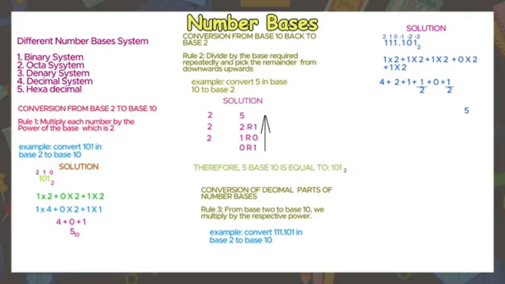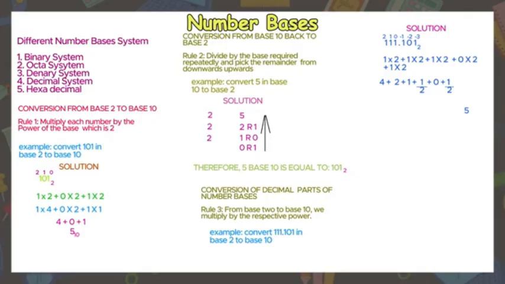So 1 multiplied by 4 will give us 4, plus 1 multiplied by 2 will give us 2, plus 1 multiplied by 1 will give us 1, plus this one will give us 1 over 2, plus anything multiplied by 0 here will give us 0, plus 1 multiplied by 2 raised to power 3 means 2 times 2 times 2, and that will give us 8, so 1 over 8.